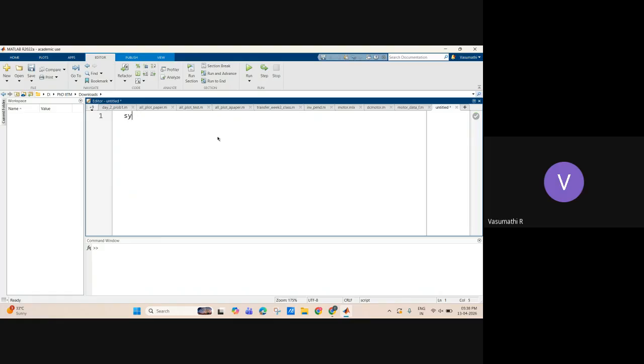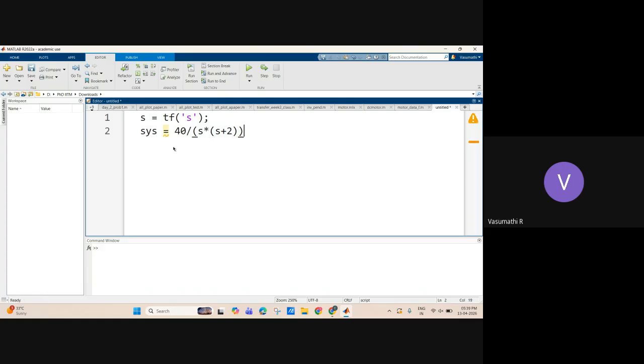I'm telling MATLAB how to consider my s, that is tf of s. If I put it like this, whenever I write a transfer function, it will take it as a transfer function, and it won't throw any error. 40 divided by s into (s plus 2).